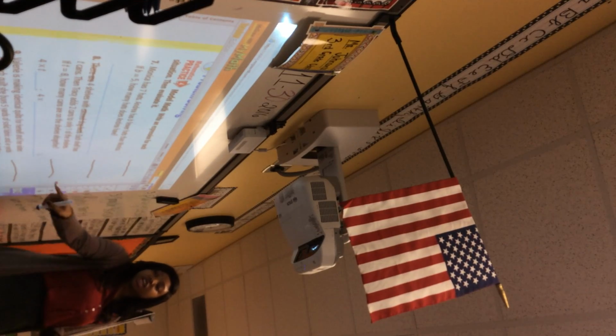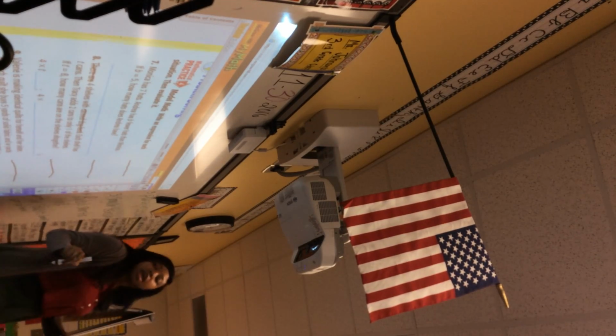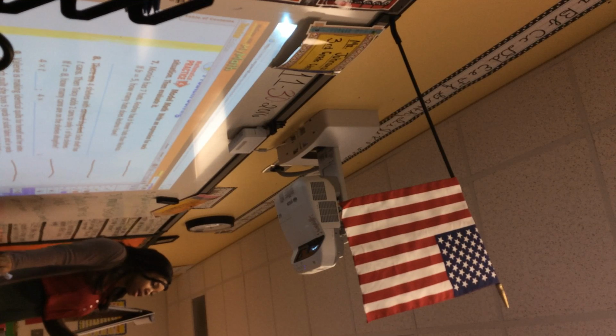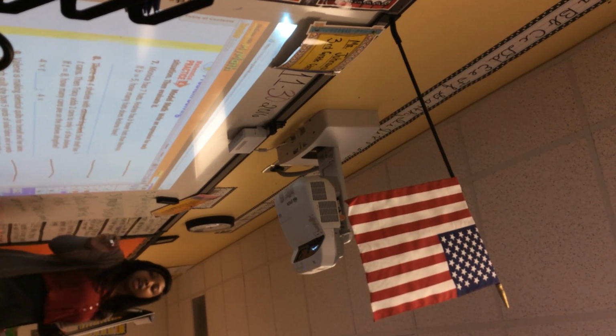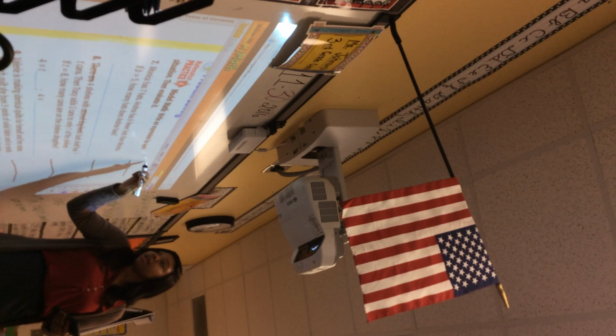It says each shelf has t cans. If we go down, how many cans is represented by t? 8. So t equals 8 cans. Let's go ahead and put 8 cans up here.